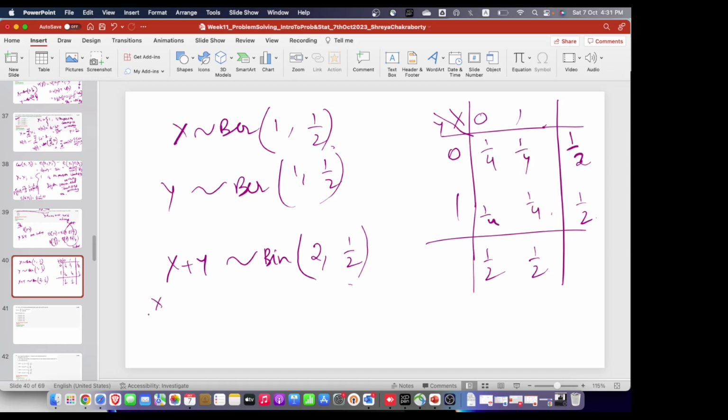Now x by x plus y only exists when x plus y is not equal to 0.